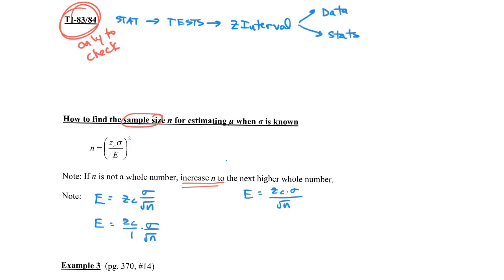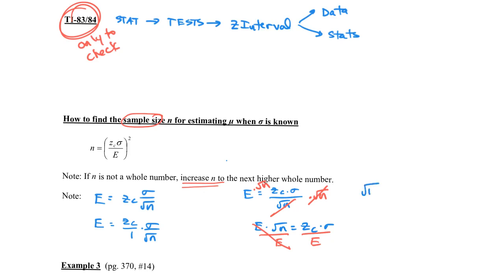So if we want to solve this for n, we could get rid of the fraction by multiplying both sides by the square root of n. That would cancel. And we get E times the square root of n equals Z sub C times sigma. If we want to get n by itself, we could first divide each side by E. That would cancel.